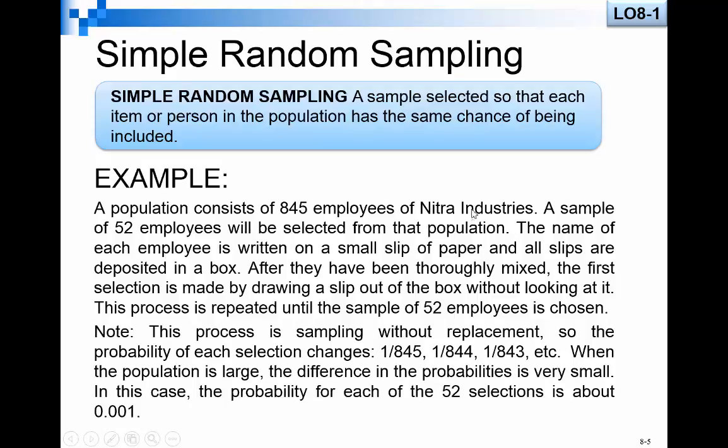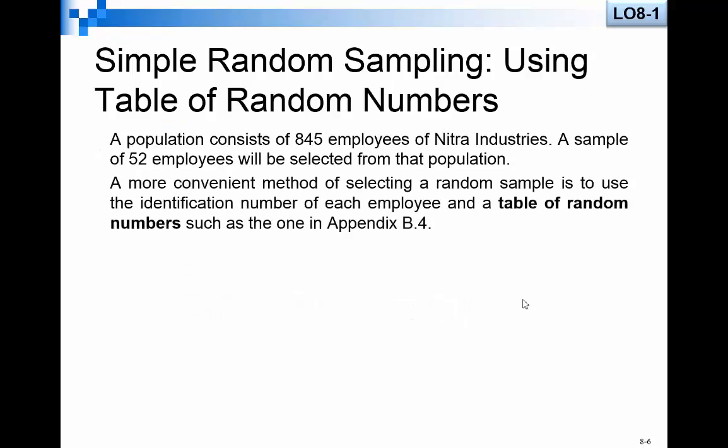The way that we use simple random sampling is that we put the name of each employee on a small slip of paper, and then we just pull out one slip of paper at a time until we select the 52 employees that are going to be included in the sample. So each person has an equal chance of being selected, more or less.